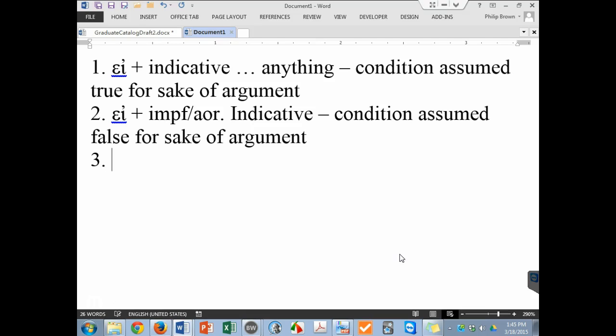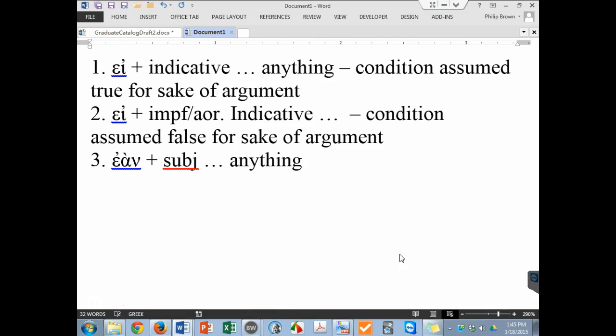Third class is ean plus the subjunctive in the protasis, and basically anything in the apodosis. Oh, I forgot to indicate the apodosis here on the second class condition.